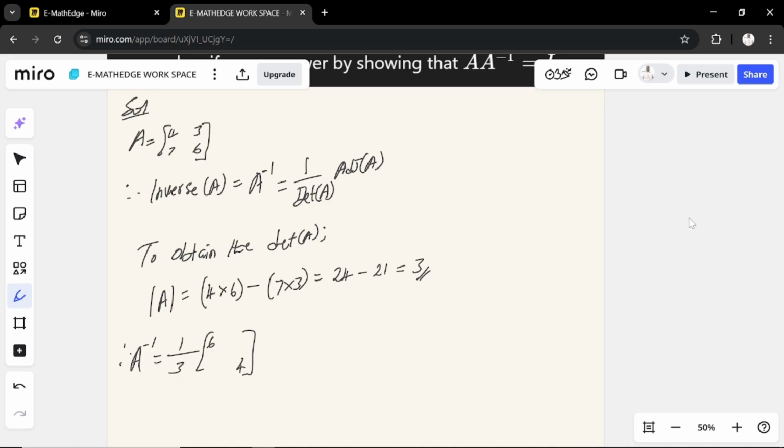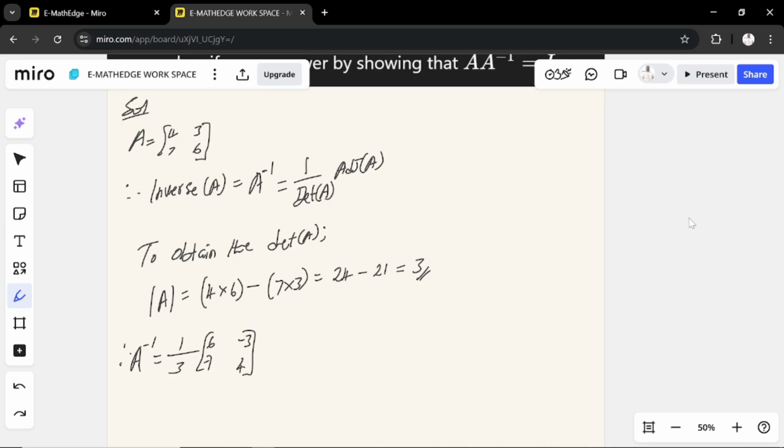Instead of 4 and 6, we swap it. After then, introduce a negative sign to the elements in the other diagonal. So it's going to be -3 and -7. So this is the simplest way to obtain the adjoint of a 2 by 2 matrix to be precise.